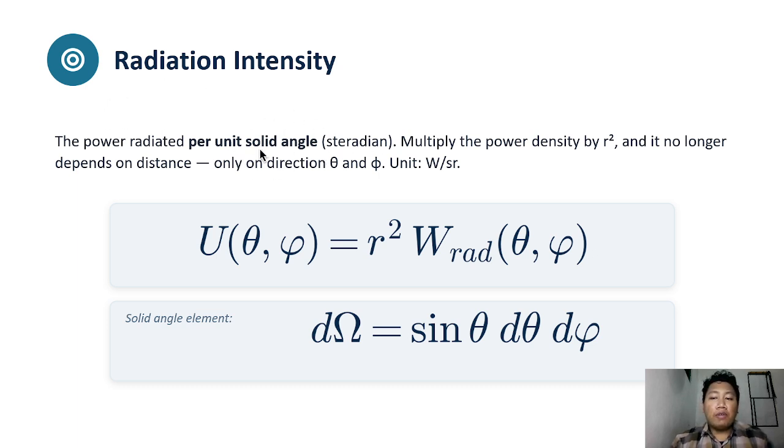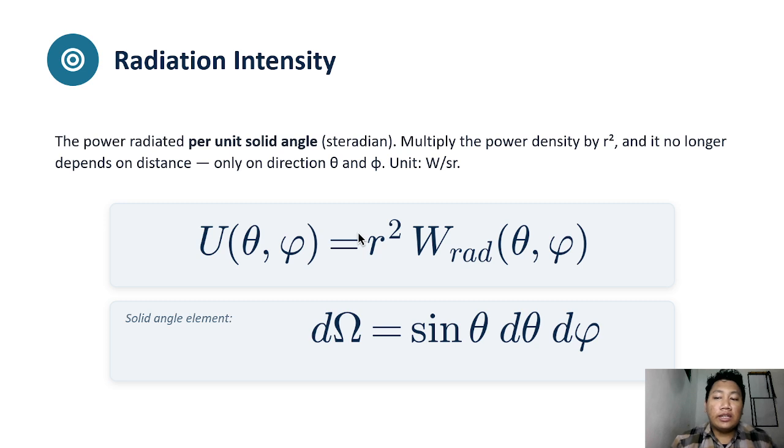Next is radiation intensity. This is the power radiated per unit solid angle, that's the steradian, and it's pretty easy. You just take the power density from before and multiply by r squared. Here's the neat part: once we do that, the distance drops out completely.